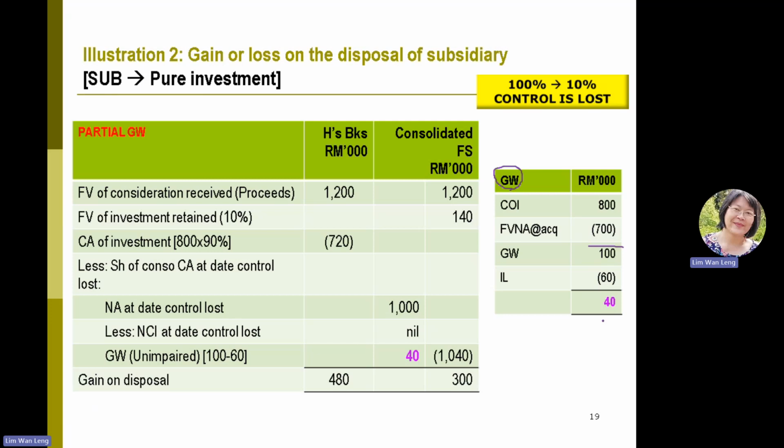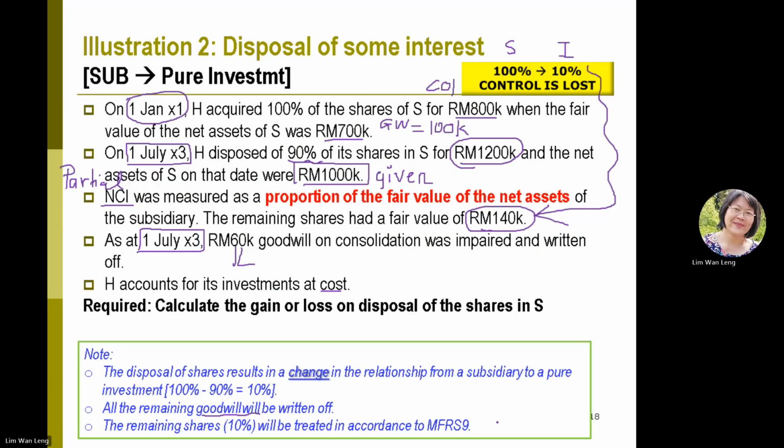So which means the goodwill that remains unimpaired is your 40. Okay, got that? I left all blank. Do it yourself. Based on the question, you do by yourself. Just fill in the blanks, right?